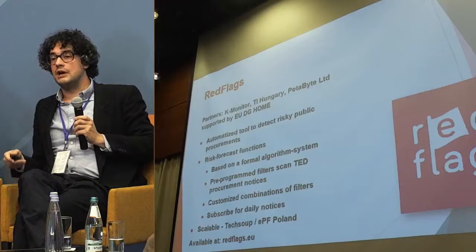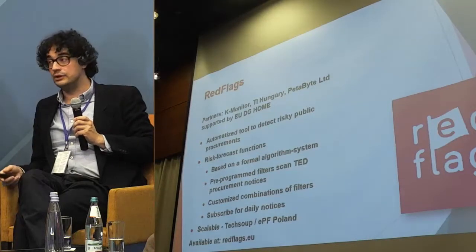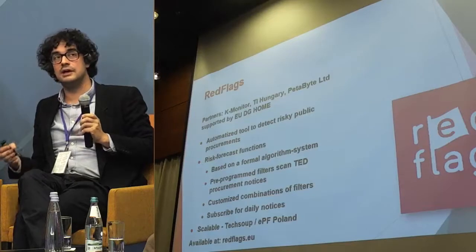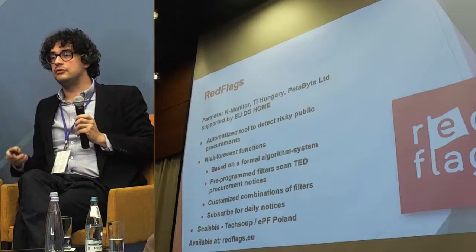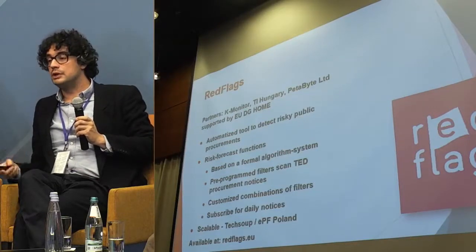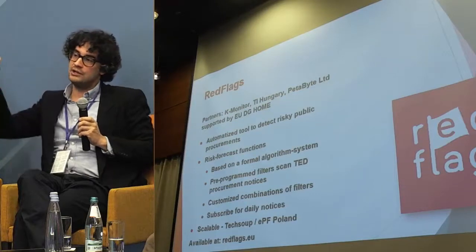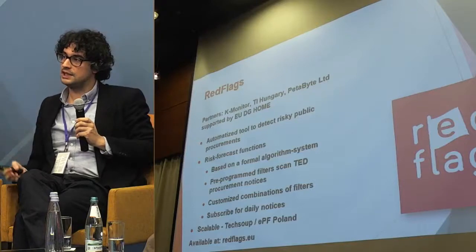We very much rely on journalists doing these jobs instead of the authorities. So the whole idea of developing a procurement monitoring tool came from the need to support those journalists who normally would need to browse through hundreds of documents every day to find the ones worth investigating.